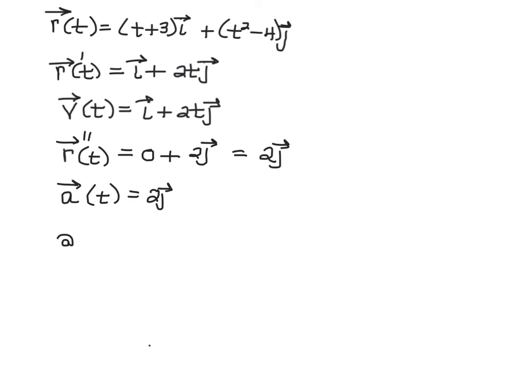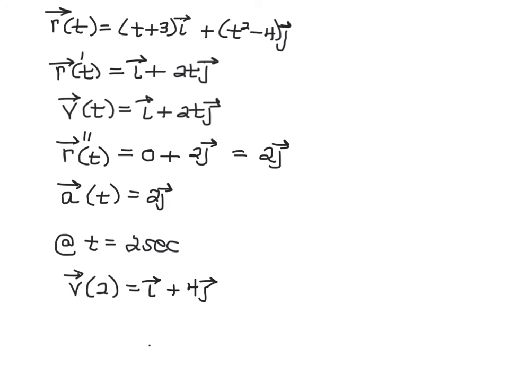And if we want to determine the velocity and acceleration at t equal to, say, 2 seconds, then we know that the velocity vector at 2 seconds is going to equal, of course the velocity is i plus 2t j, so it's going to be 1 in the i direction plus 2 times 2, which is 4, in the j direction.